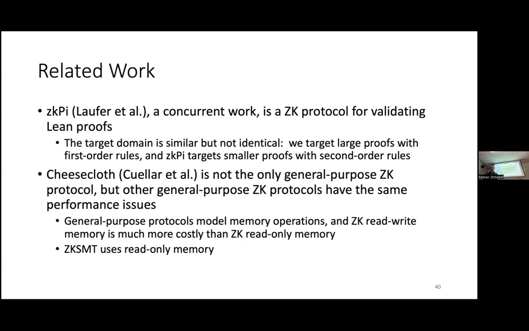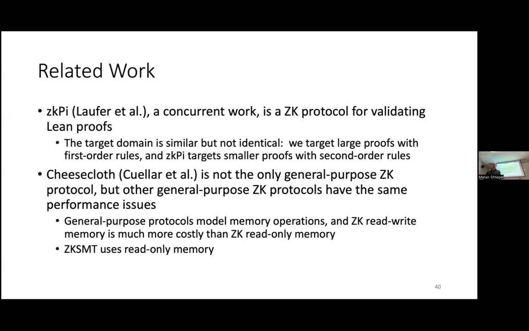Thank you. All right, so ZK-Pi is a concurrent work to ZKSMT that is a ZK protocol for validating proofs made in the Lean interactive theorem prover. The target domain of ZK-Pi is similar but not identical to ours. For ZKSMT, we target large proofs made of first-order rules, but ZK-Pi targets smaller proofs made of second-order rules.